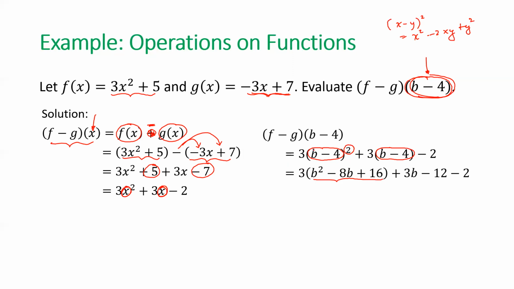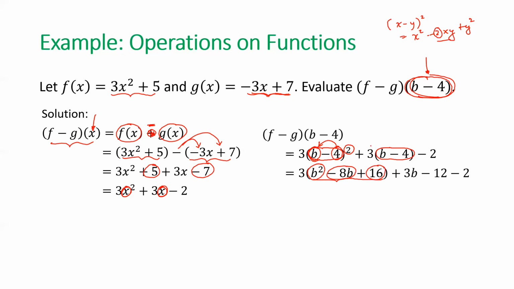So we got this because we're going to square b, which is b squared, and then we're going to multiply b and negative 4, which is negative 4b, but there's a times 2 in the formula, so it's going to be negative 8b. And then the square of 4 is 16.